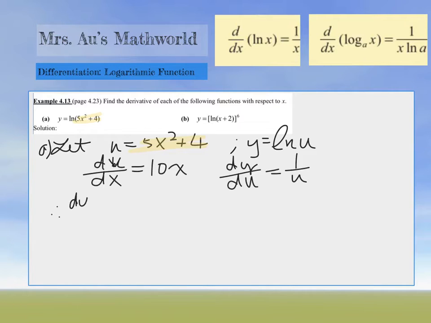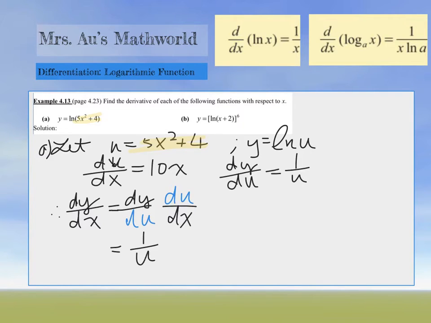If I want to find dy/dx, that means we have dy/du by using the chain rule, times du/dx. So dy/du is 1 over u, and du/dx is 10x. After that, substitute the value of u.